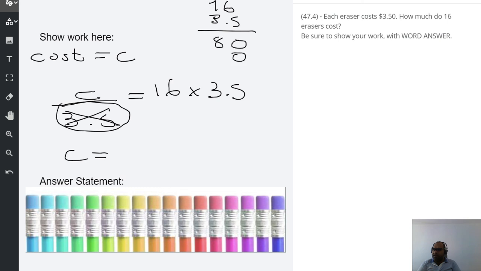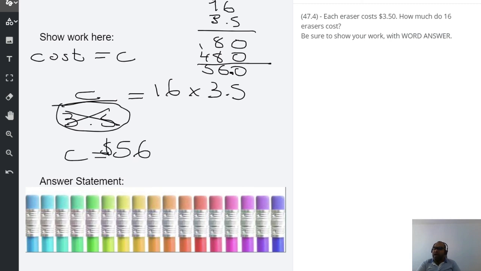And put a 0 over here. 3 times 6. It is 18. Carry 1. 3 times 1 is 3 plus 1, 4. And just add right now. 0. 16. Carry 1, 5. And here, just one decimal. Nice. The total cost, guys, it is 56 bucks.